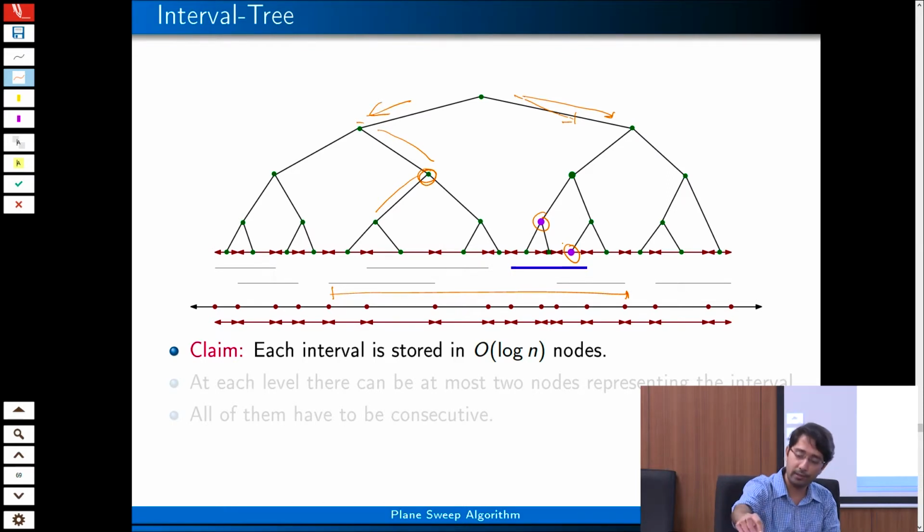I know that if I store it in a path, because the height of the tree is log n, it will be stored in log n places. But now I am going in both the directions, storing in both the subtrees. Then how to bound the number of places, number of nodes in which one interval is being stored?